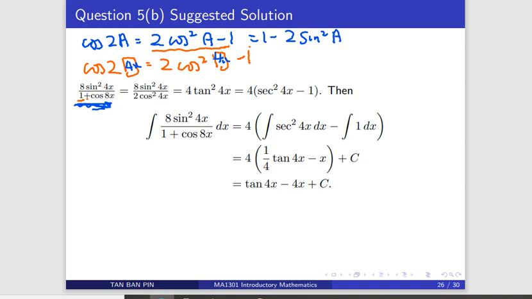So it should be the same as 8 sine squared 4x over 1 plus 2 cosine squared 4x minus 1. It means you replace cosine 8x. Cosine 8x is cosine 2 of 4x. So applying cosine 2a is 2 cosine squared a minus 1, you will get 2 cosine squared 4x minus 1.